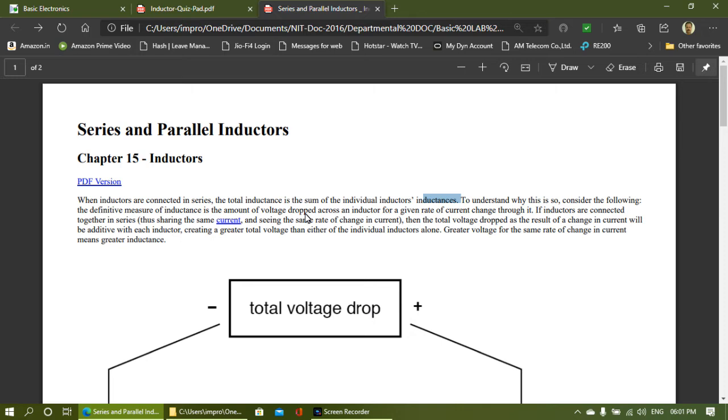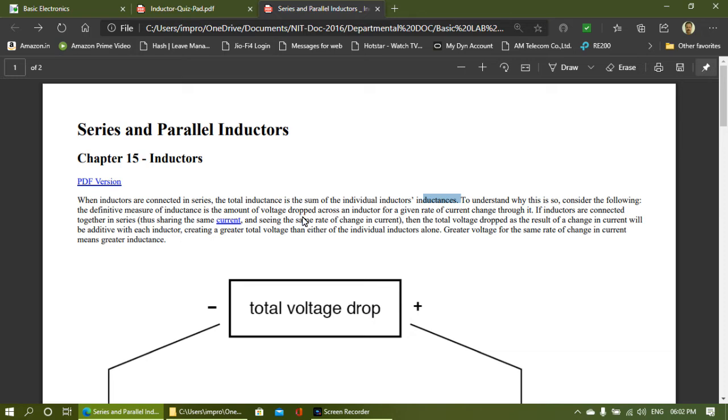The same scenario, the same properties apply as when you calculate resistance in series and parallel.